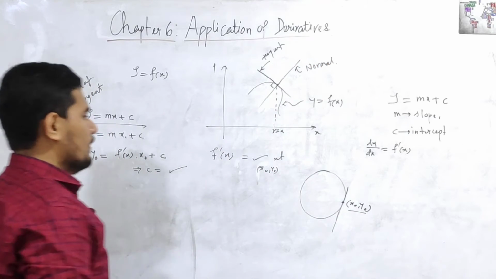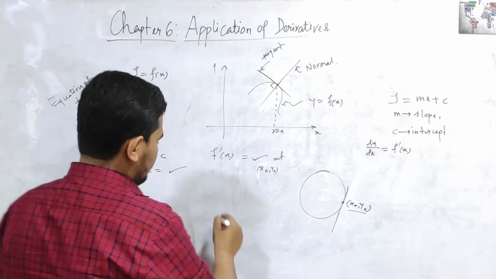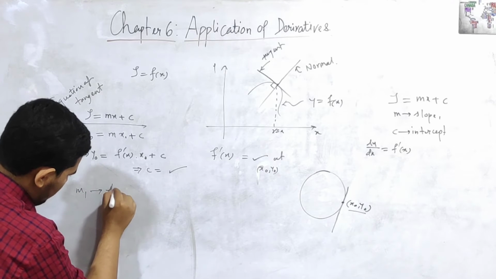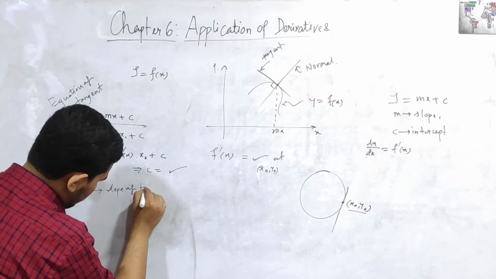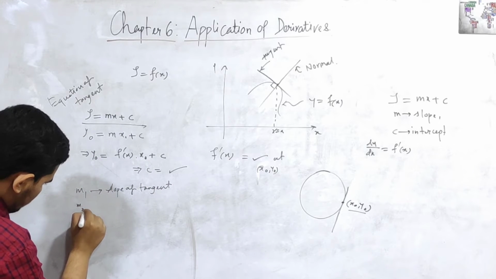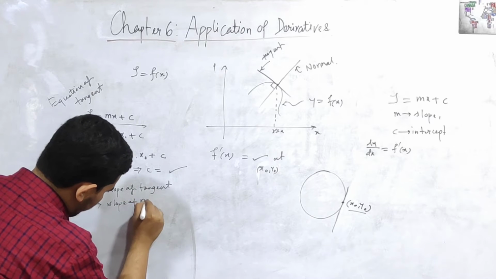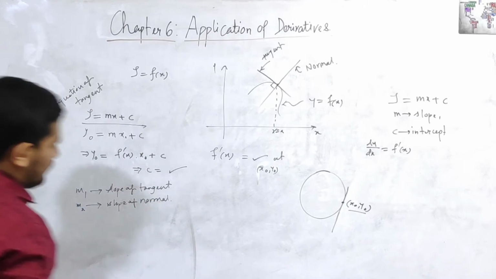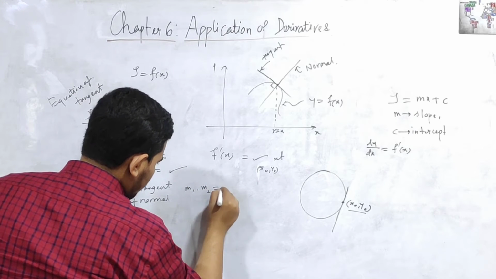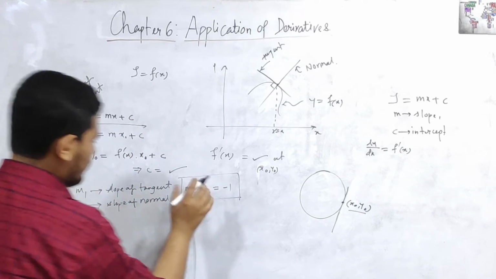This is the normal. There is a basic property of tangent and normal: if m1 is the slope of the tangent and m2 is the slope of the normal, then when we multiply them, the product will always be equal to minus 1.